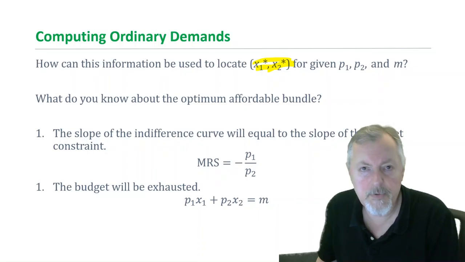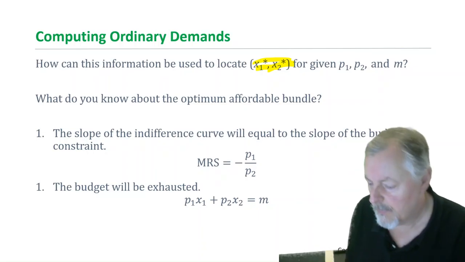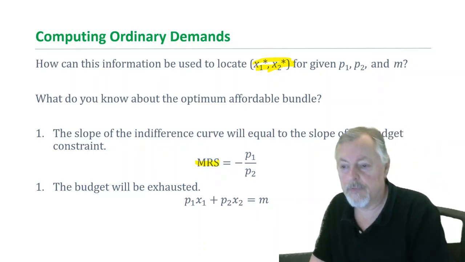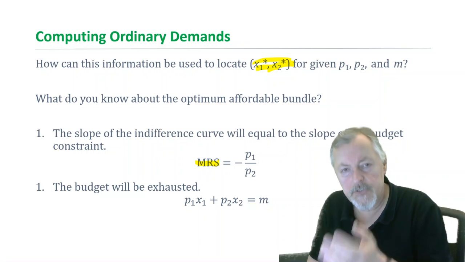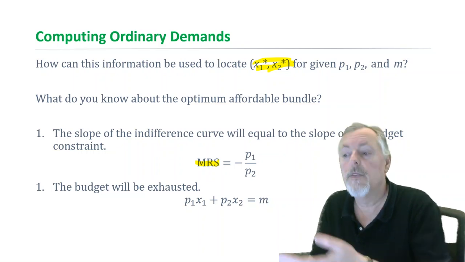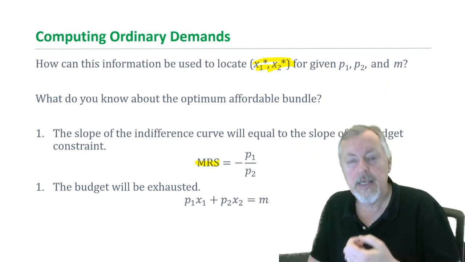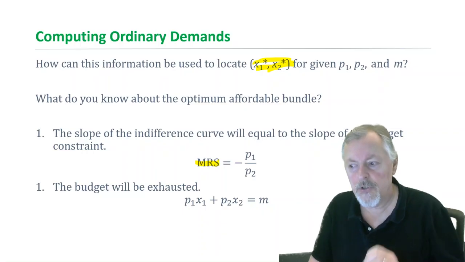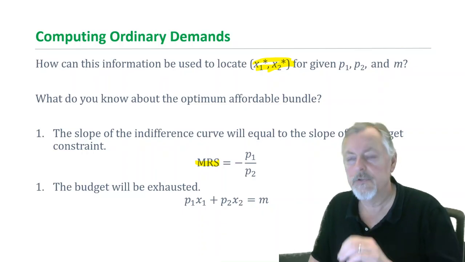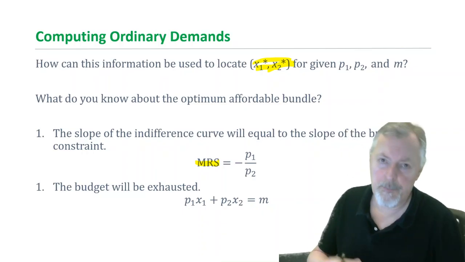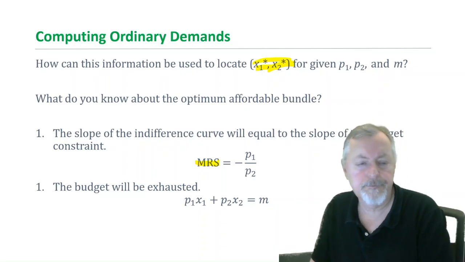Well, what is the slope of the indifference curve? That's the marginal rate of substitution. The slope of the indifference curve, the marginal rate of substitution, is the rate at which you are willing to trade off apples for oranges.